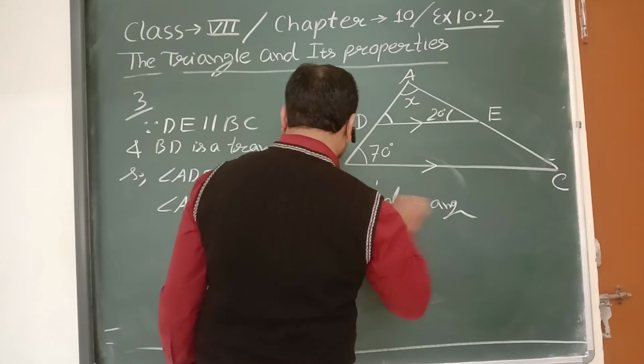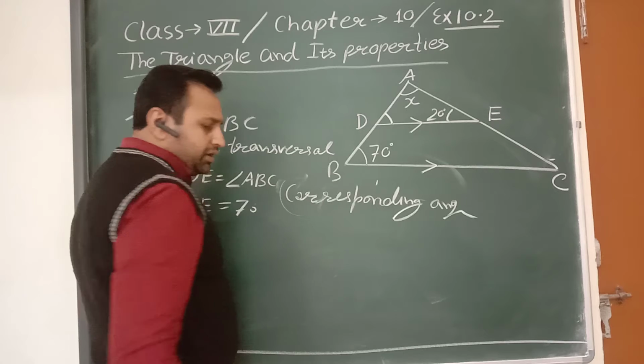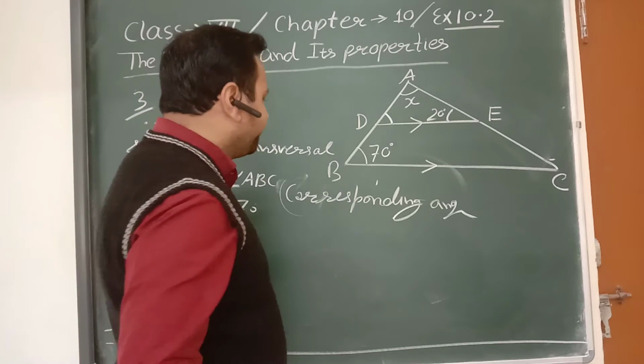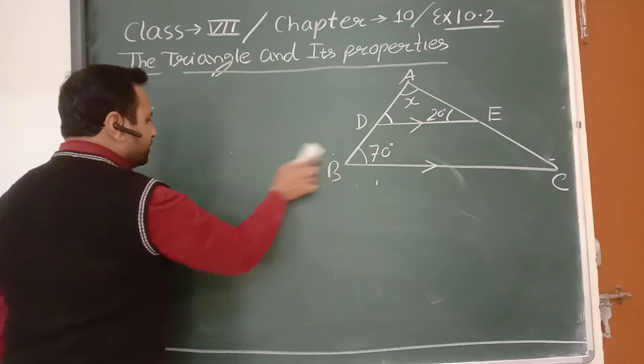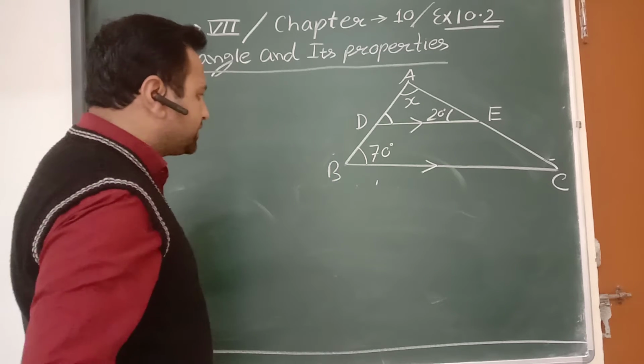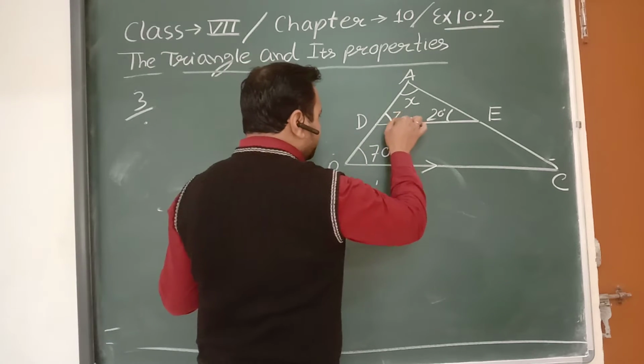Corresponding angles. तो angle ADE equal to 70 degrees. Now we have to calculate angle x.